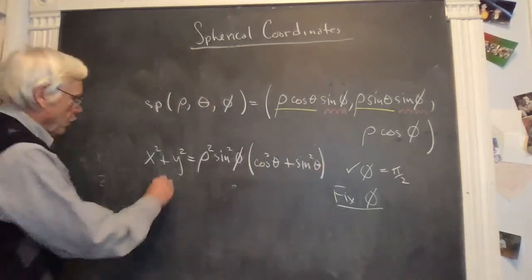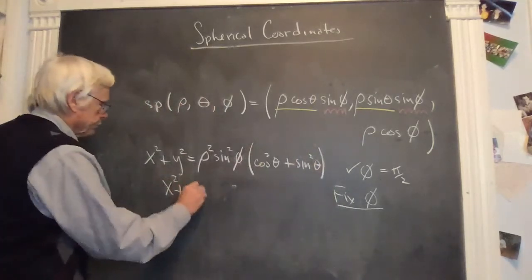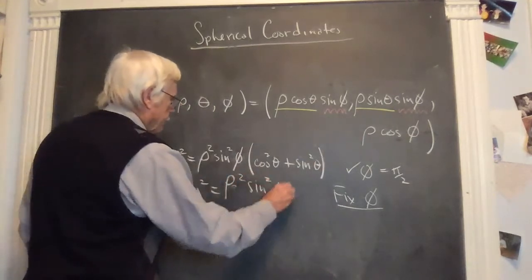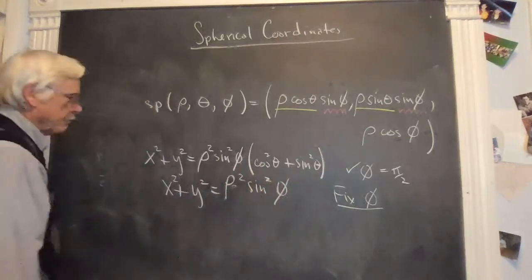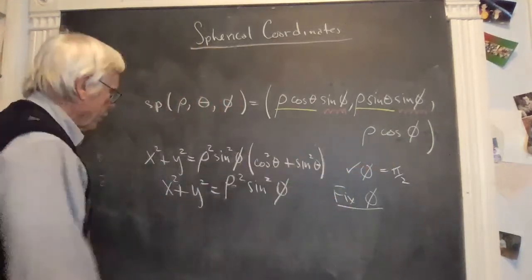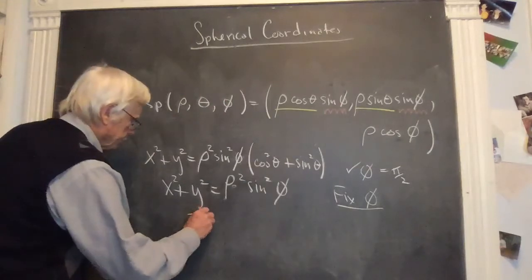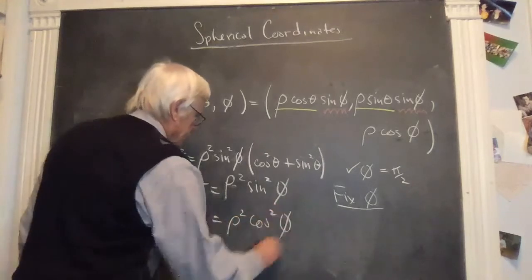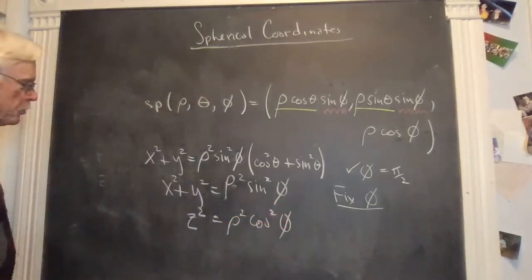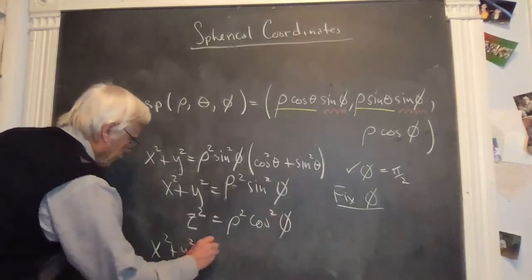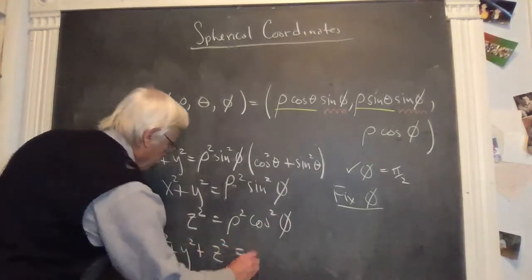So x squared plus y squared is simply rho squared sine squared phi. And if you add that to the z squared, you can factor out a rho squared, and it tells you that x squared plus y squared plus z squared equals rho squared.